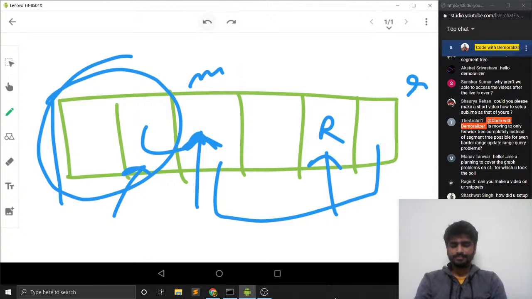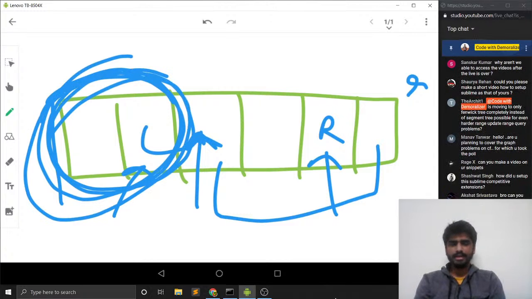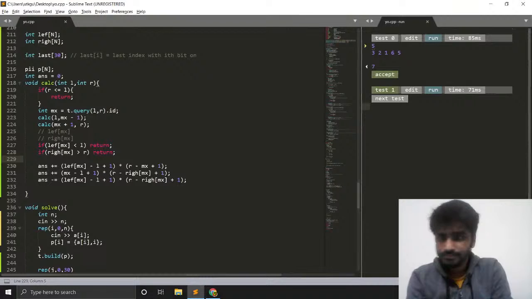I multiplied this with r minus mx plus one because I can start in the left and end anywhere in the right. Yeah, and that seems fine. I added left minus L plus 1 and R minus mx plus 1. I think I did exactly that. Yeah, okay.